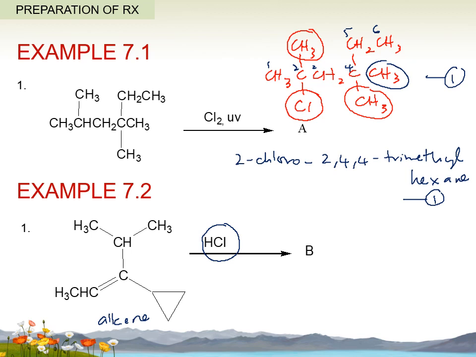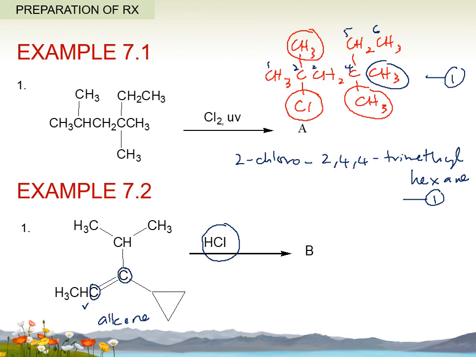H is going to be attached to the carbon that has more hydrogen according to Markovnikov rule. Let's look at the restricted carbon over here. This carbon has 1 hydrogen, whereas the second carbon here doesn't have any hydrogen.